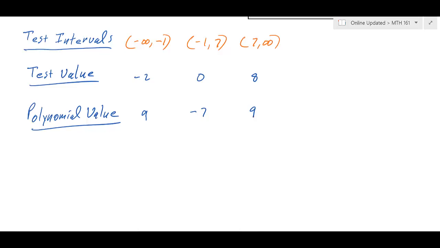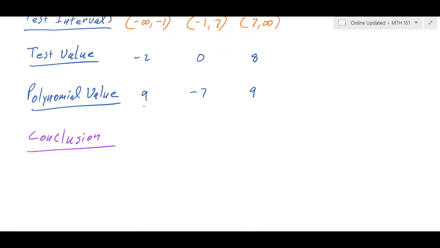Now, what conclusion can we make from this? Well, what we're concerned with is not so much that this number is a 9, but we know that it is positive, and then we have a negative 7, and then we have a positive 9.